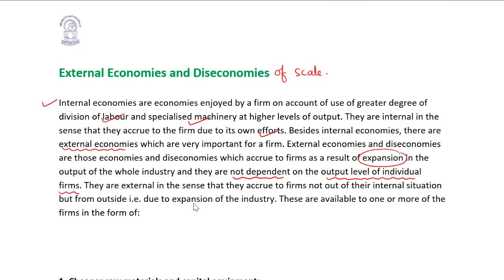They are external in the sense that they accrue to firms not out of their internal situation but from outside, due to expansion in the industry. These are available to one or more of the firms. We'll be seeing it.